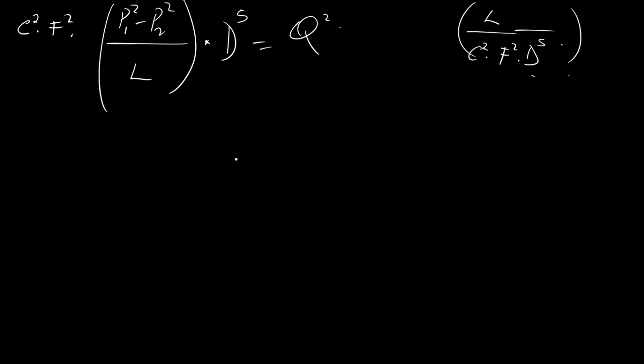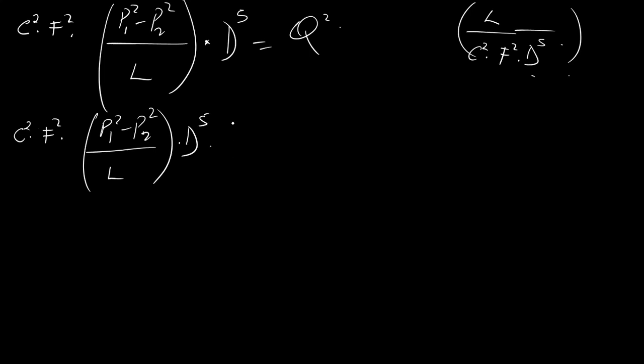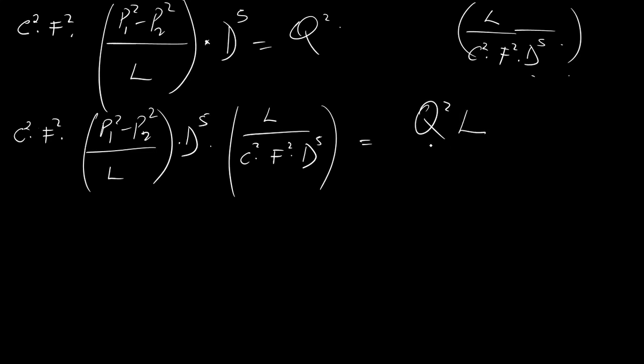Now, if we multiply both sides by this term, you have C squared times F squared times P1 square minus P2 square all over L times D raised to power 5, multiplied by L over C square F square D raised to power 5, is equal to Q square L times 1 all over C square F square D raised to power 5.